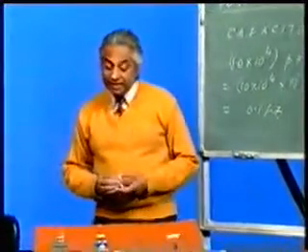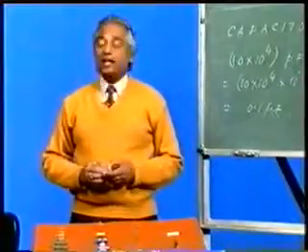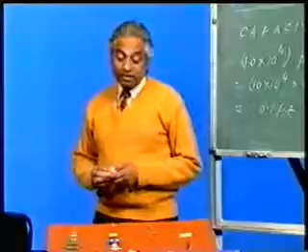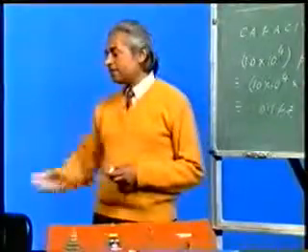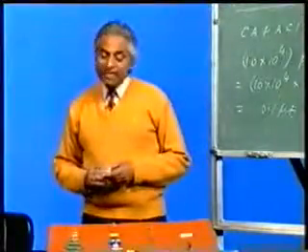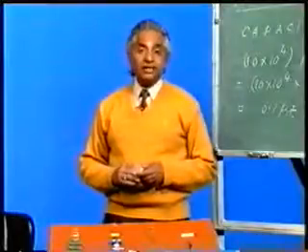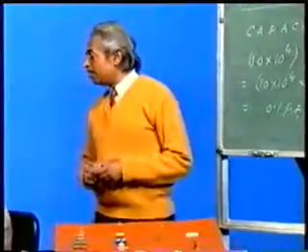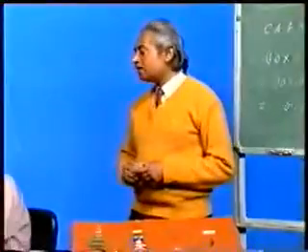Now all these things can also be tested with the help of a multimeter. The values can be easily checked with a digital multimeter, but for checking the charge and discharge we prefer analog multimeter, and I will request Mr. Singh to demonstrate the values as well as the charge and discharge of a capacitor with the help of digital and analog multimeters.